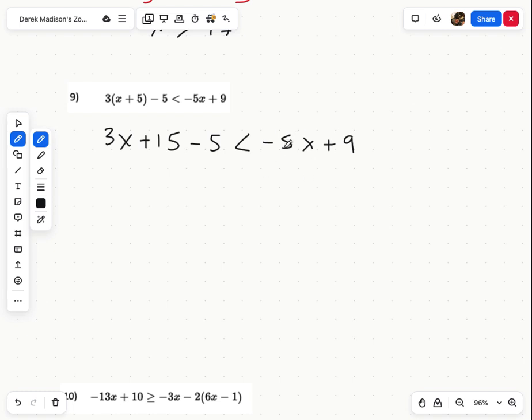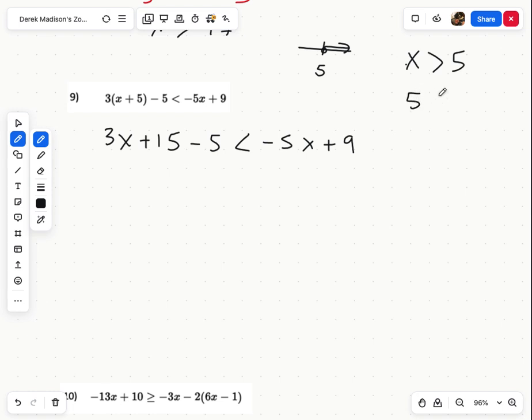When I'm working with inequalities, I almost always solve them to the left. And the reason for that is, let's say I have x is greater than 5. In this order, I think it's easier for people to see that if I was going to graph that on a number line, there's 5, and we're going that way because the x's are bigger than 5.